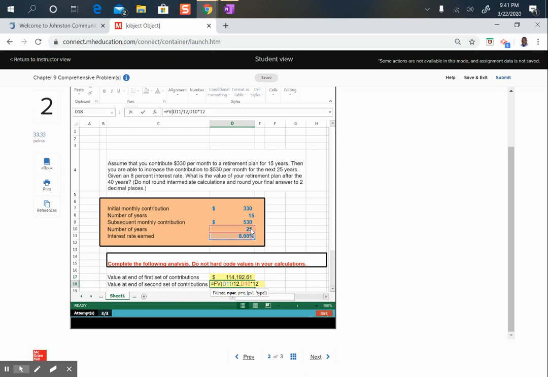And then your payment. Your cash outflow is 530, so you reference 530. And then your present value. Remember, the 114 becomes a present value.